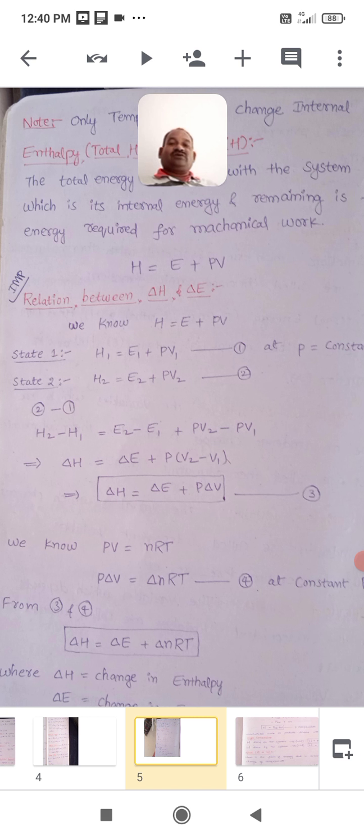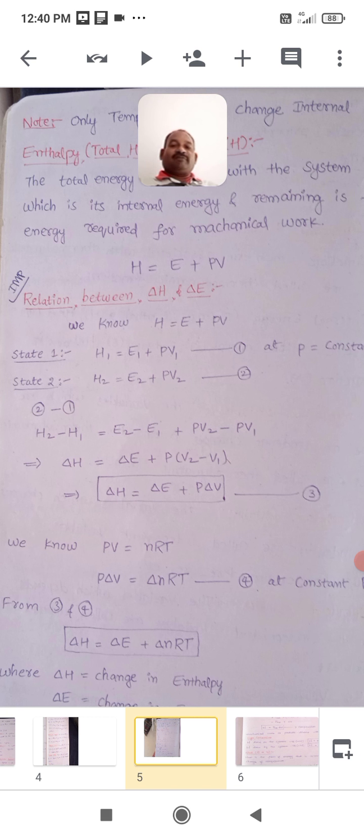State 2, H2 is equal to E2 plus PV2. From these two, 2 minus 1: H2 minus H1 is E2 minus E1 plus PV2 minus PV1. Delta H is equal to delta E plus P of V2 minus V1. Delta H is equal to delta E plus P delta V.